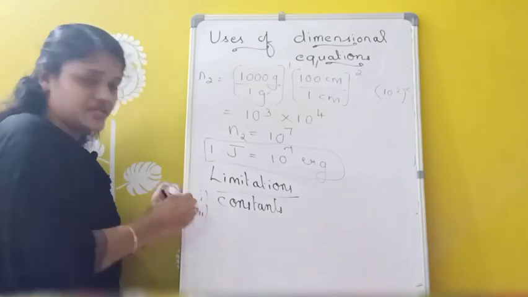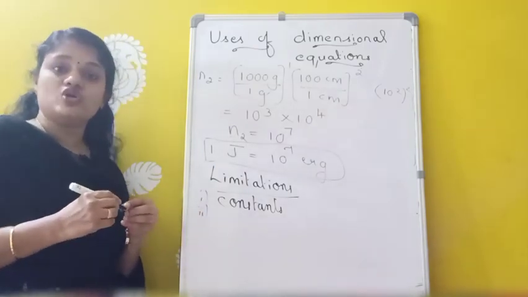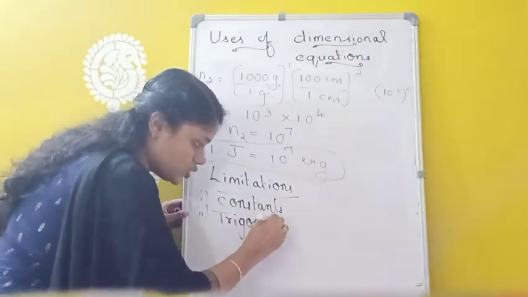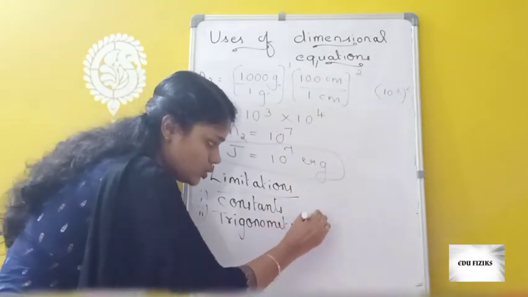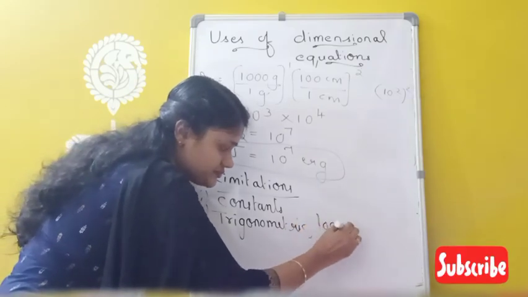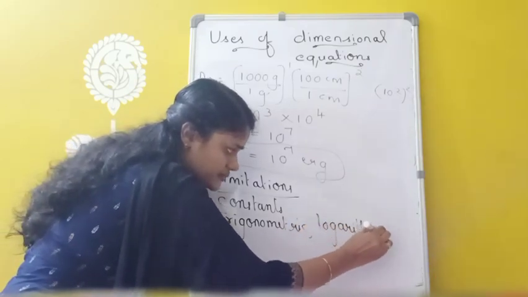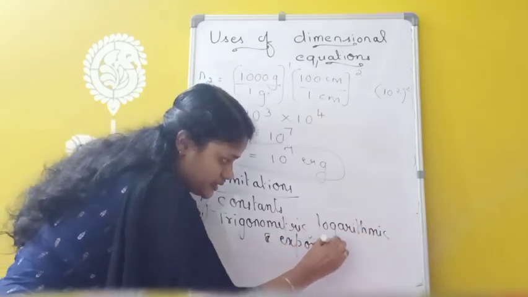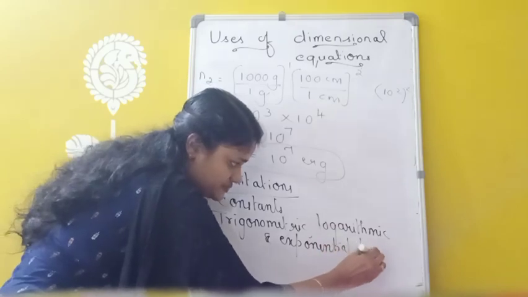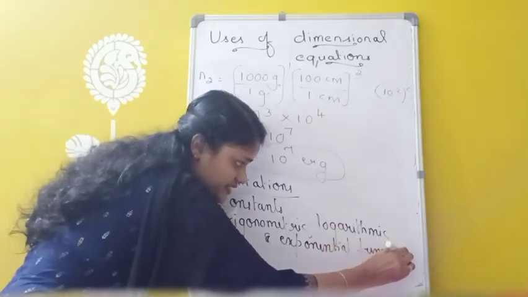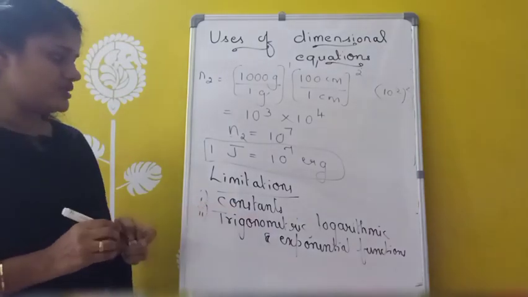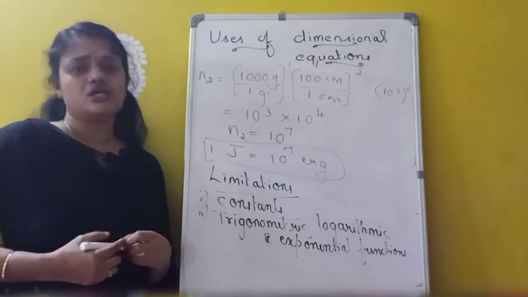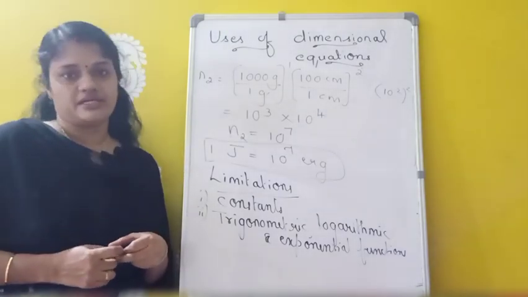Then second one, it fails to derive relations involving trigonometric, logarithmic and exponential functions. So these are the limitations of dimensions.